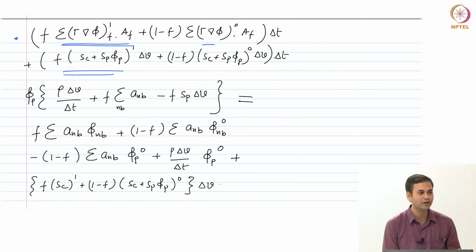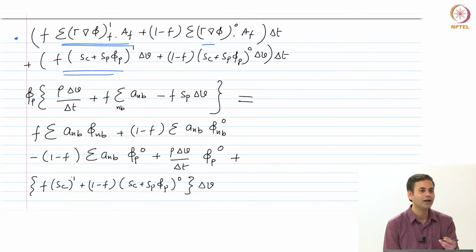This will be evaluated at the 0th level, so whatever I have written as SC1 actually corresponds to 0 only, because you would introduce phi star values for that SC. This is basically known, that is why it is on the right hand side. I will leave it as SC1, but you understand that this is actually an SC for the next level, which is evaluated using the current level values of phi.